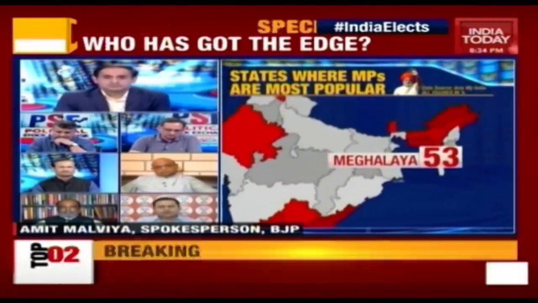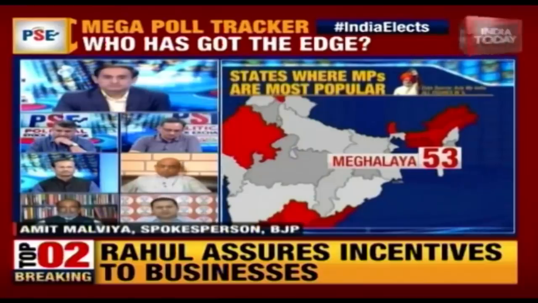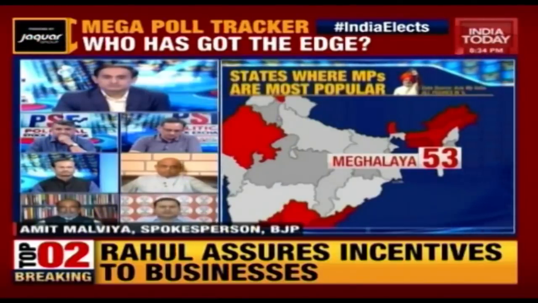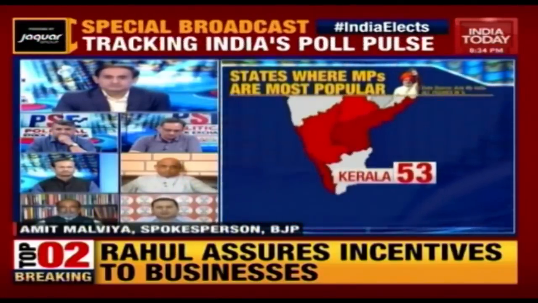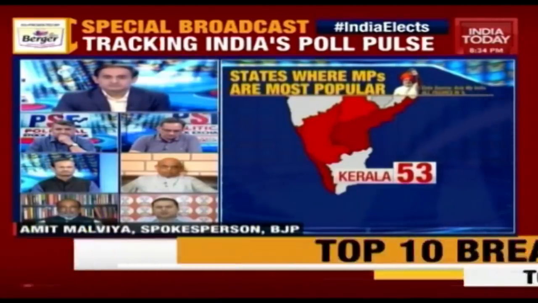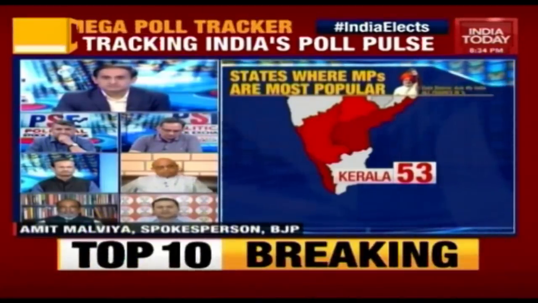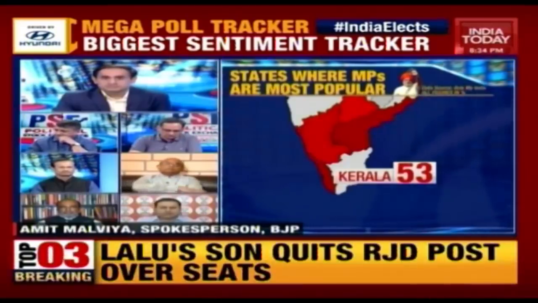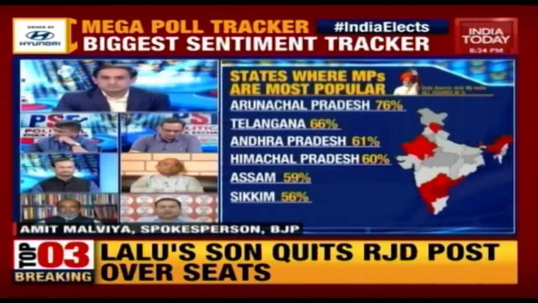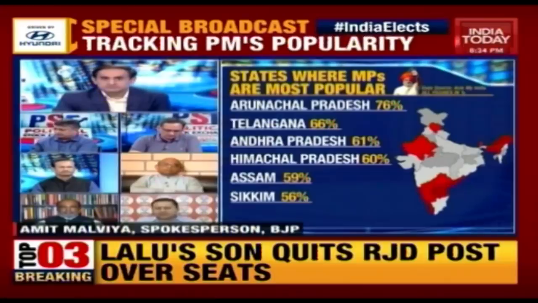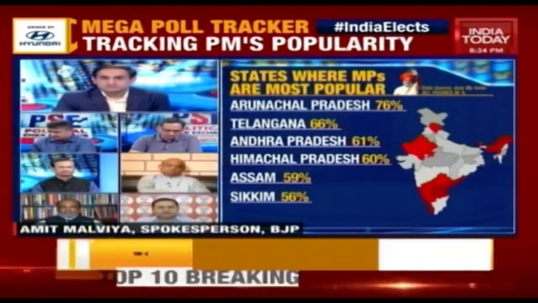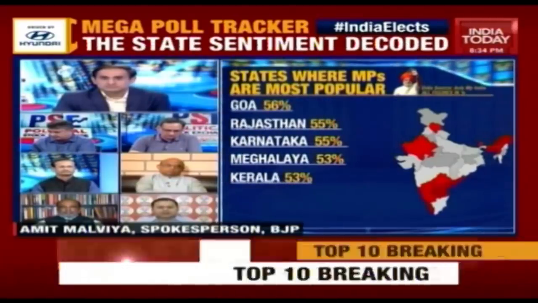You see, you don't change candidates because you must change candidates or because there is a perception of the candidate being unpopular. There are several other factors that go into it, and organization strength is a very important one. If you look at Amit Shah and Prime Minister Modi's style of working, you would also realize that there's a great deal of thrust on the organization structure as the fulcrum for electioneering.